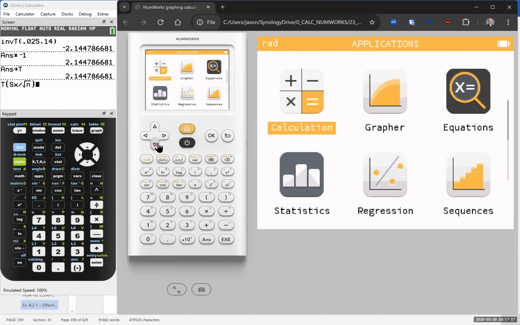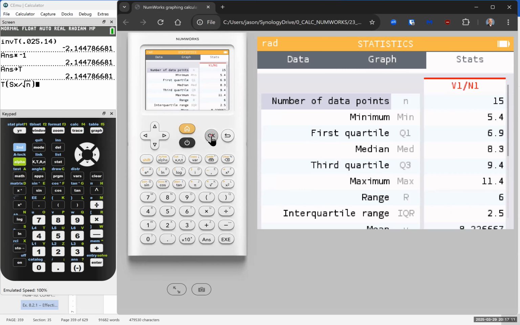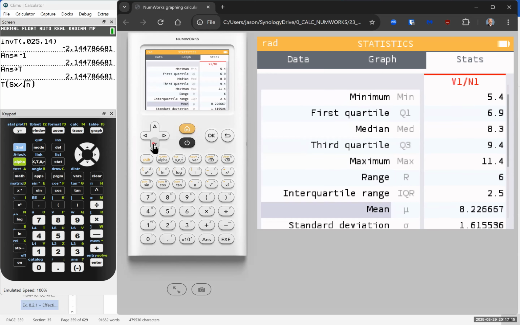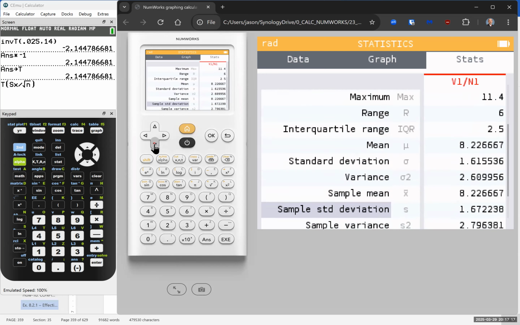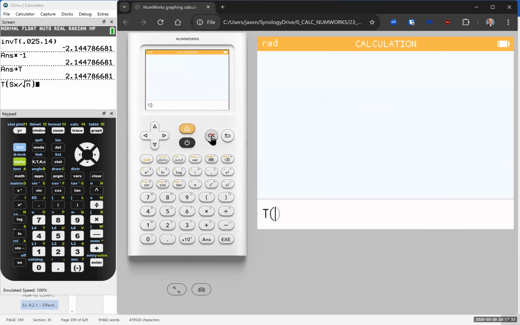Okay, let's go back to the statistics app. Let's go down to the sample standard deviation. And let me select this S. I could probably select that value too, but let me see if I can do Shift copy. And let me go back here.